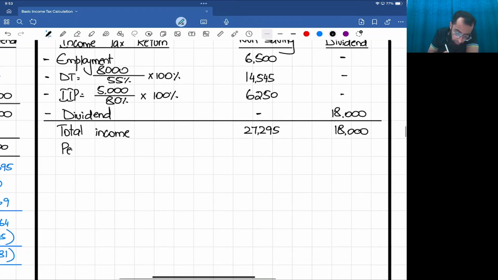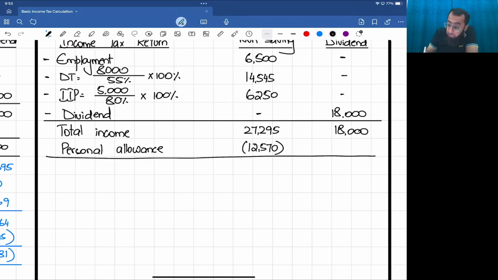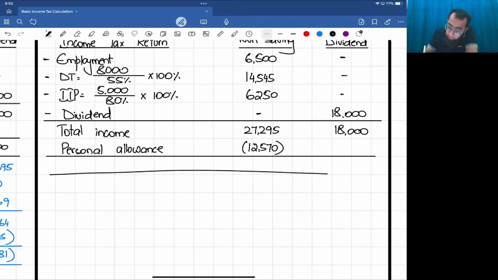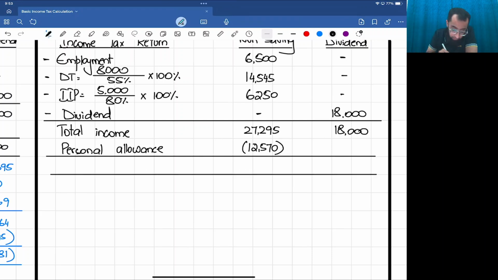You adjust your personal allowance 12570 to arrive at the value of taxable income. Okay, so what is your taxable income? Let's look at it. I believe it's just performing the routine steps. 14725, and here it's 18,000.